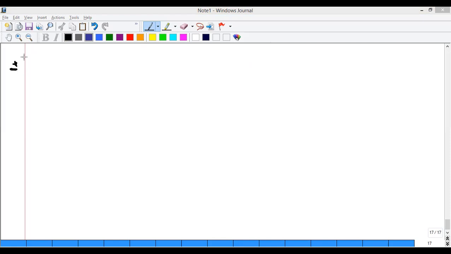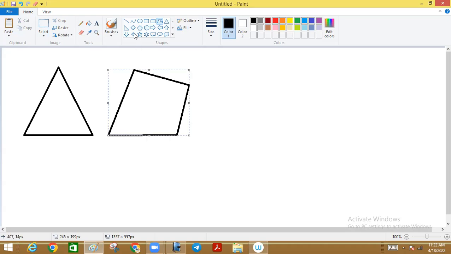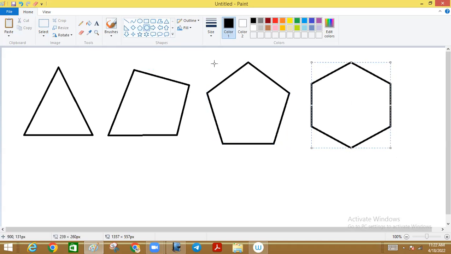Sum of interior angles of a triangle is how much? 180. If I take a quadrilateral, see here, I'm dividing it into two non-overlapping triangles.